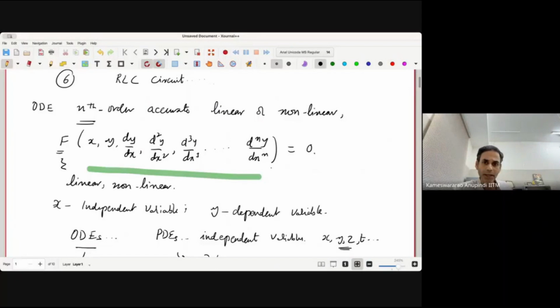Now we want to solve this ordinary differential equation. What do we mean by solve? Solve means that we want to obtain y as a function of x.